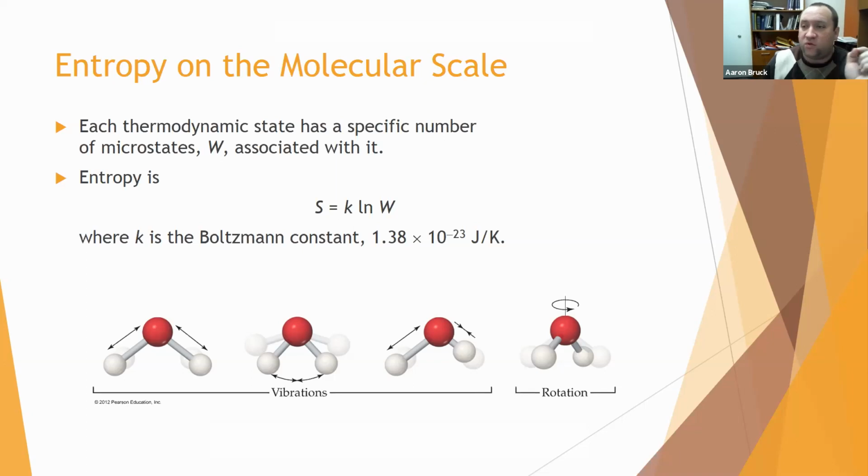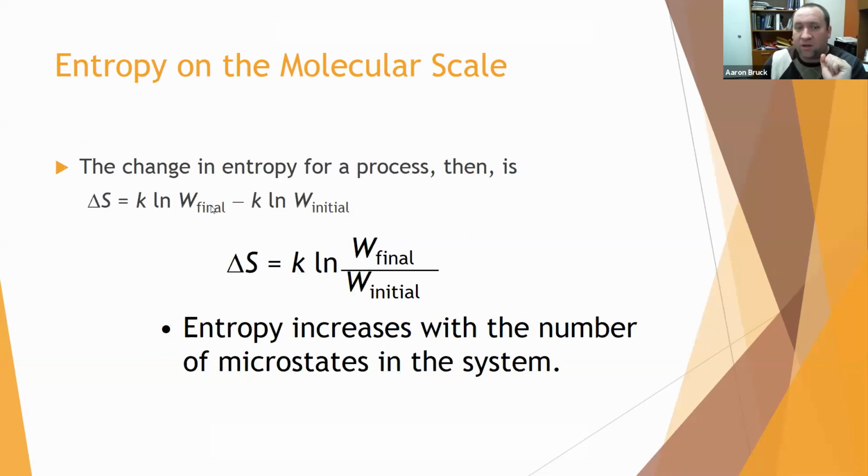Now, if I wanted to look at the change in entropy, then I would need to do this twice, essentially. And so delta S, the change in entropy, can be reinterpreted as the Boltzmann constant multiplied by the natural log of the ratio of final microstates over initial microstates.